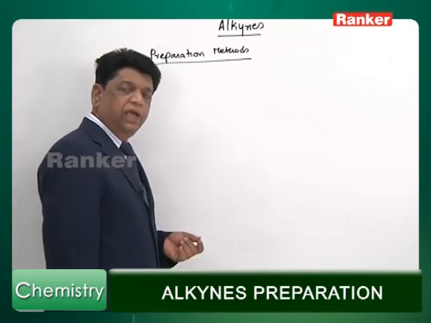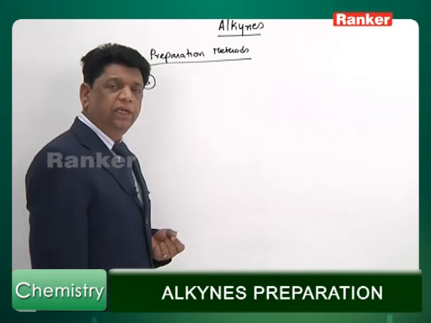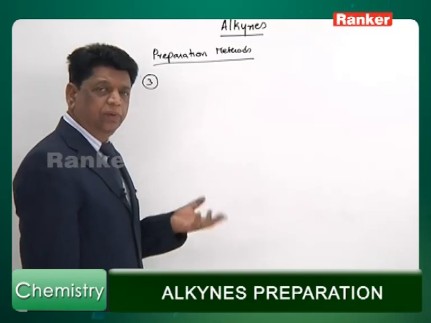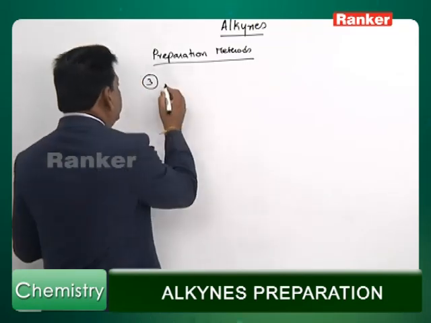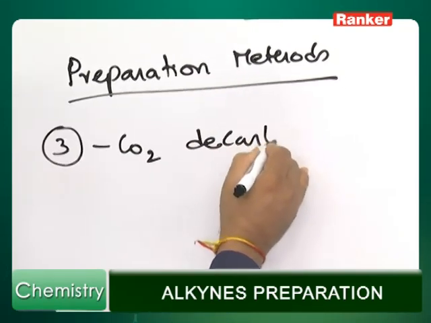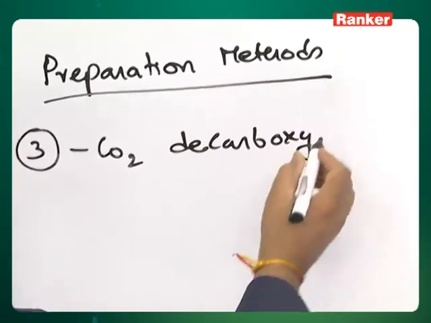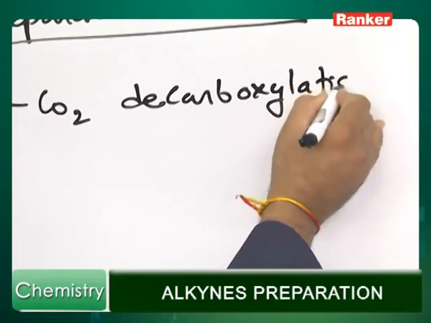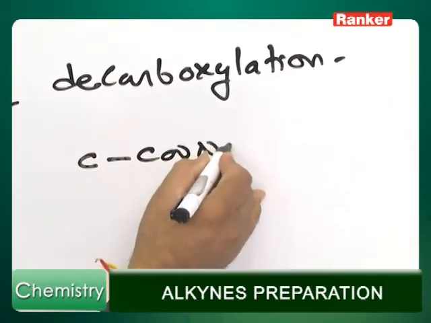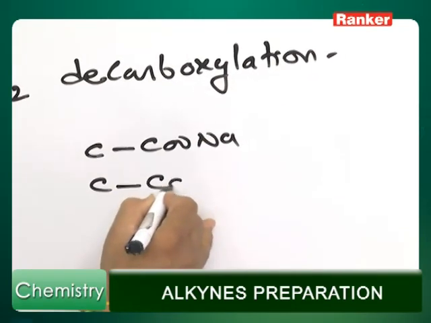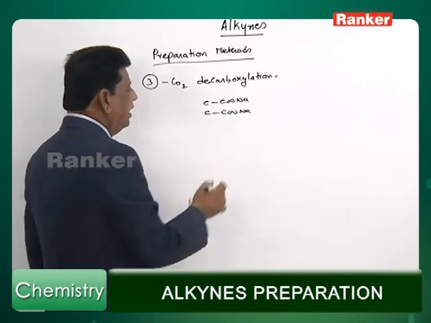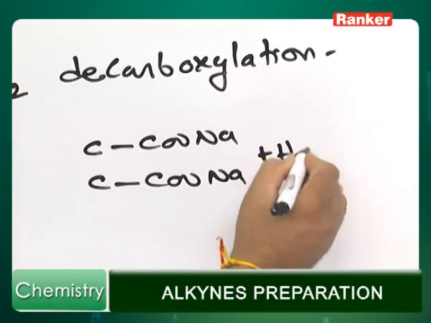In the alkynes, we have a removal of HOH, that is known as dehydration, but dehydration methods are not useful to prepare the alkynes. You can have a minus of CO2, this is called what? Decarboxylation. It can be used successfully. We have seen in the preparation of alkanes like this, sodium acetate, adding water, electrolyze it.